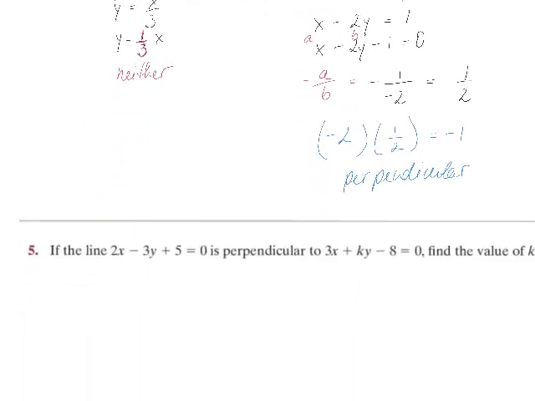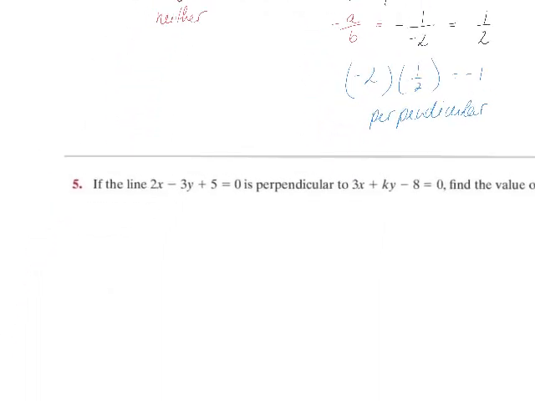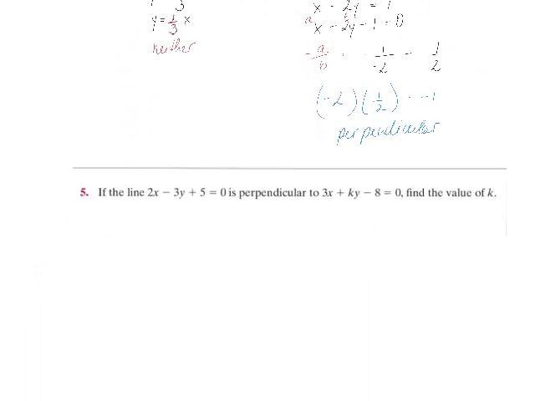Okay, so the last question. If the line 2x minus 3y plus 5 equals 0 is perpendicular to 3x plus ky minus 8 equals 0, find the value of k.